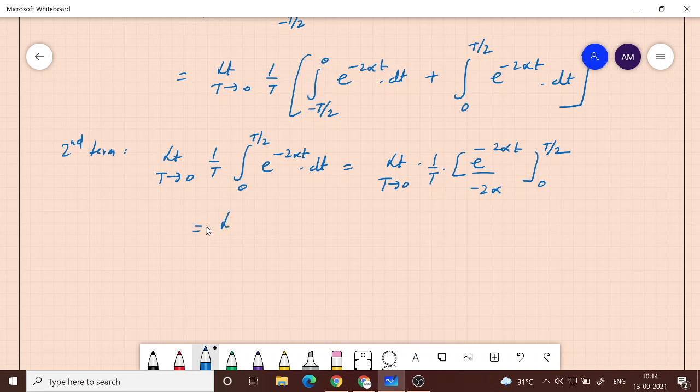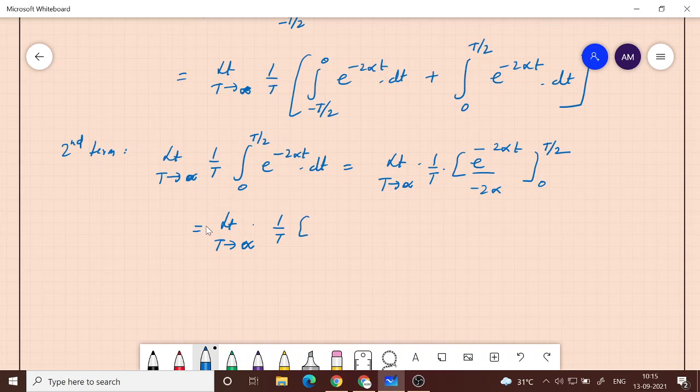Note that t is positive for the second part.